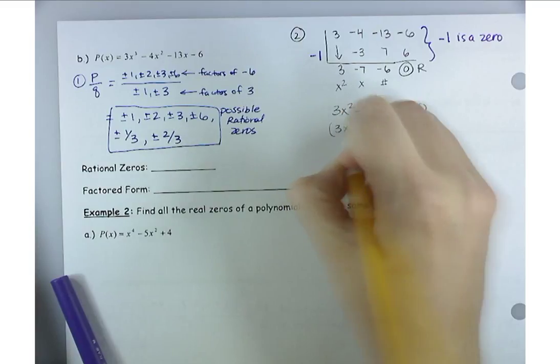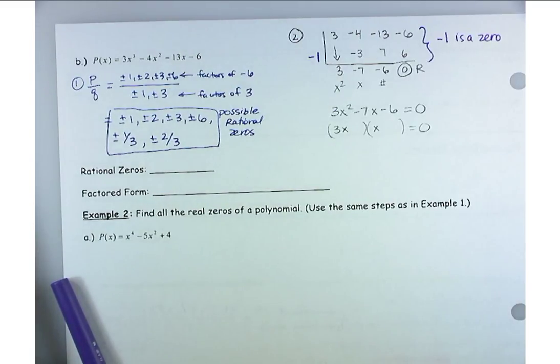So if it's 3x squared, it has to be 3x and x. You got it?